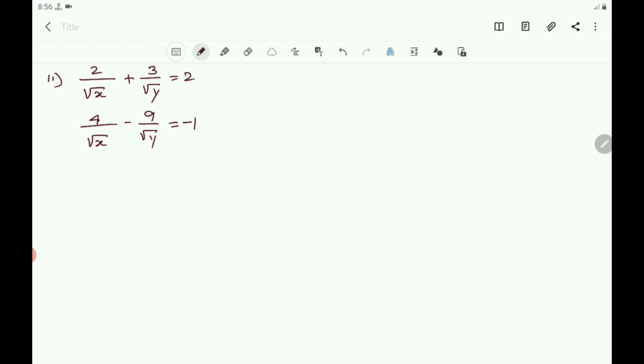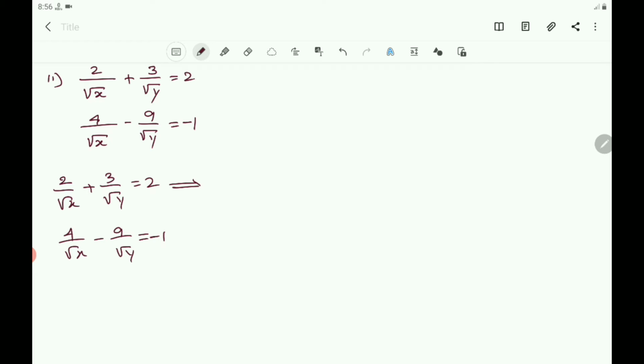So you write the first one, that is 2 by root x plus 3 by root y is equal to 2. Second one is 4 by root x minus 9 by root y is equal to minus 1.